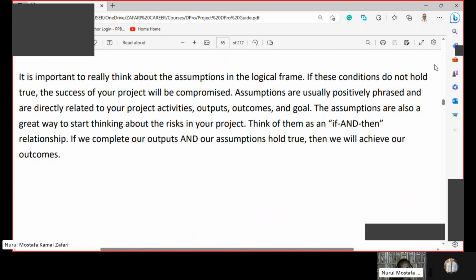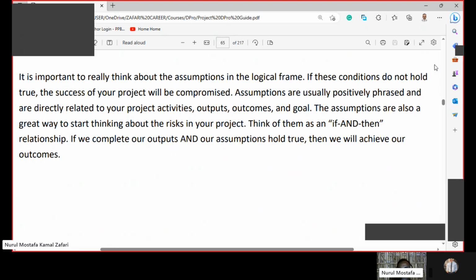It is important to really think about the assumptions in the logical frame. If these conditions do not hold true, the success of your project will be compromised. Assumptions are usually positively phrased and are directly related to your project activities, outputs, outcomes, and goals.